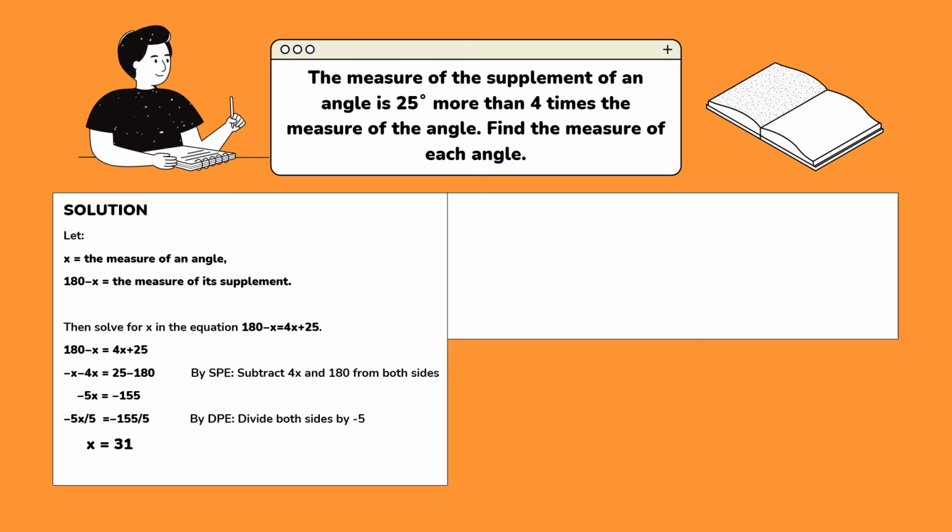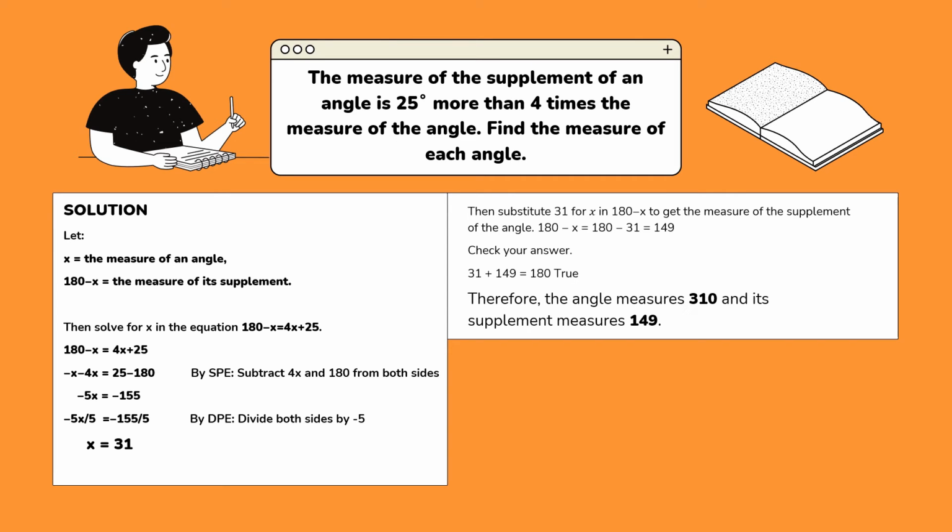So we'll get negative 5x is equal to negative 155, and by division property of equality, we divide both sides by negative 5. Okay, so negative 5x divided by negative 5 will get x, and negative 155 divided by negative 5 will get 31.